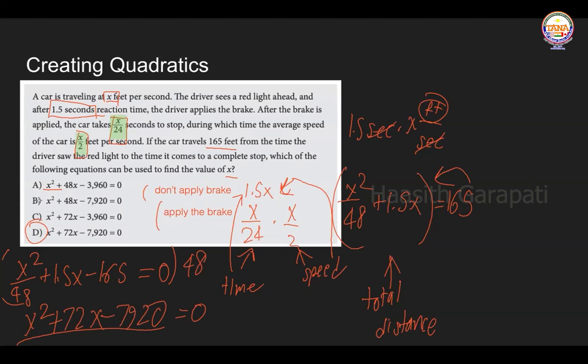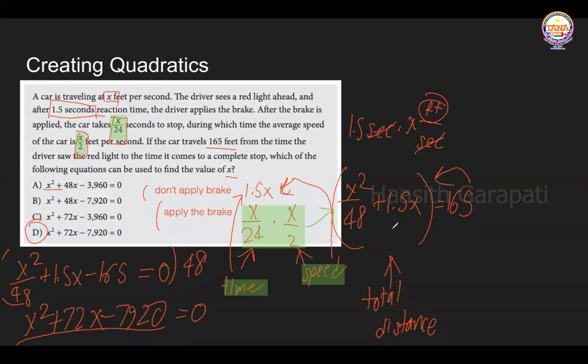The distance one travels is equal to time multiplied by speed. So to find the distance, we did x over 24, which is the time, and then x over 2, which is the speed. We multiplied those two together, and got x squared over 48, which represents the distance the car traveled after they applied the brake.